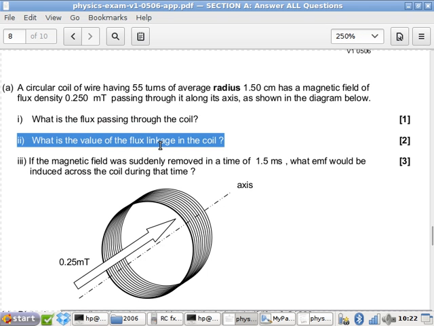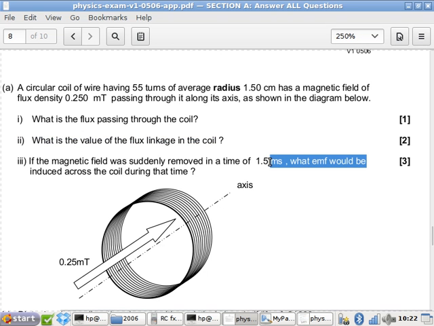So if I use this one, at the beginning we have this much, and then if we remove the magnet, how much do we have? Zero. So the difference is only this amount. So take your answer from part 2 and just divide it by this time. Whatever answer you got in part 2, divide it by 1.5 milliseconds and tell me what you got.